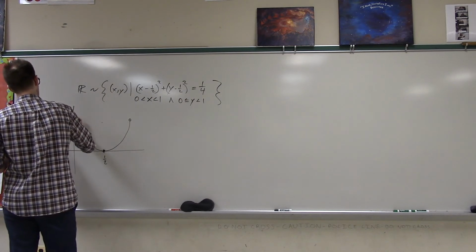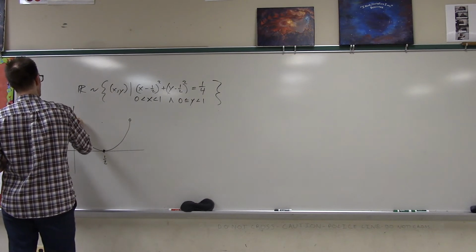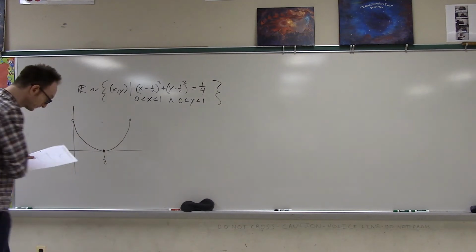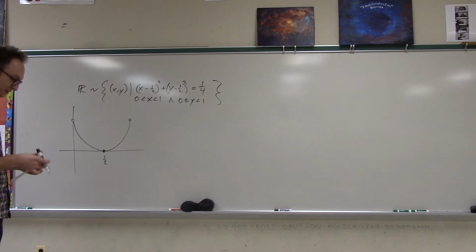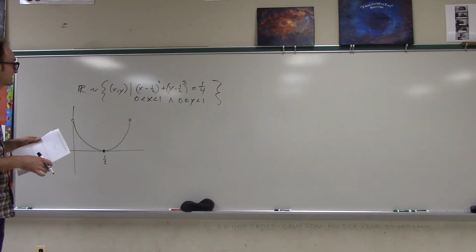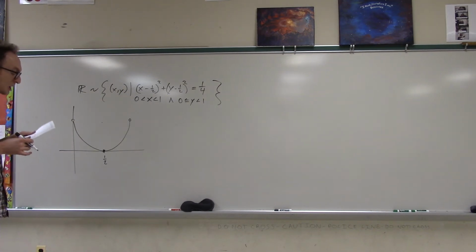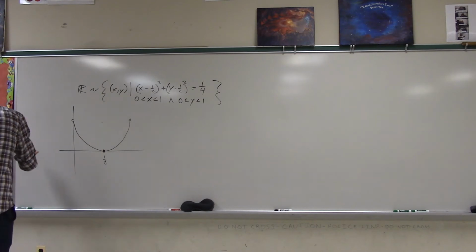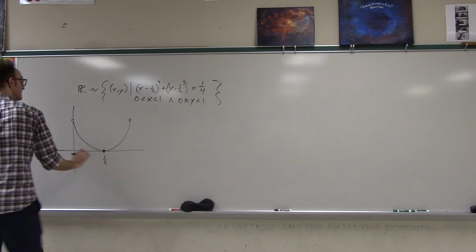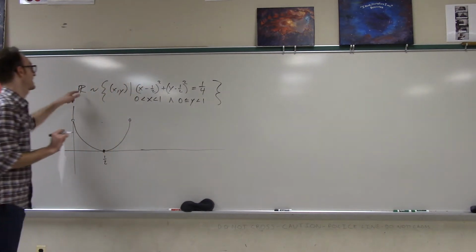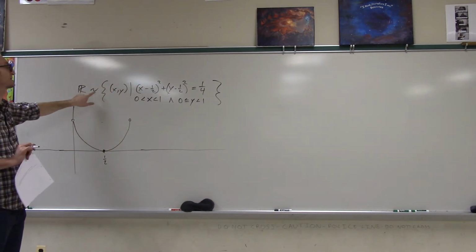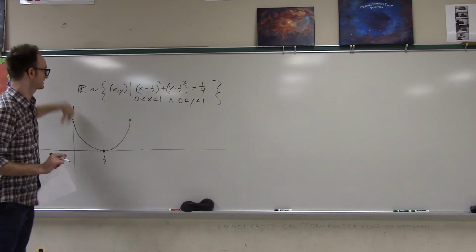Okay, goal: show that every point on this semicircle, not including the endpoints, that set of points is equinumerous with all the real numbers on the entire real number line. That's what this is saying. Show that there's the same number of real numbers as there are points on this semicircle.